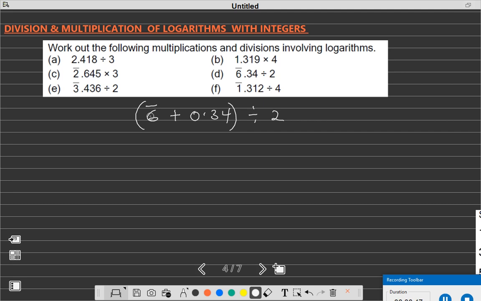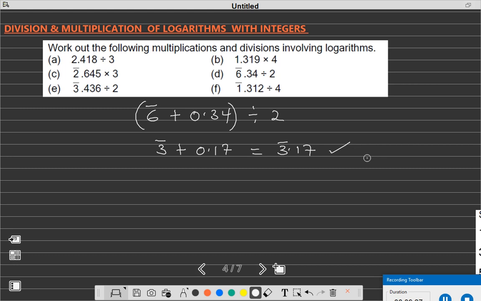We can get an answer without any remainder. So what we are going to do here, we shall say -6 divided by 2, we get -3. That is 3 bar. Then plus here 0.34 divided by 2, we get 0.17, and our answer is 3 bar 0.17. That is the answer.